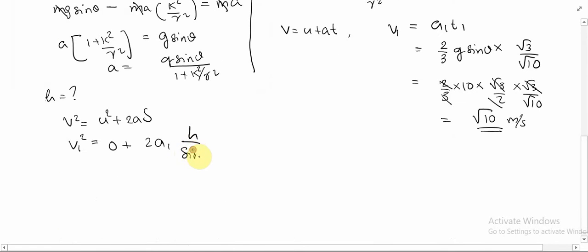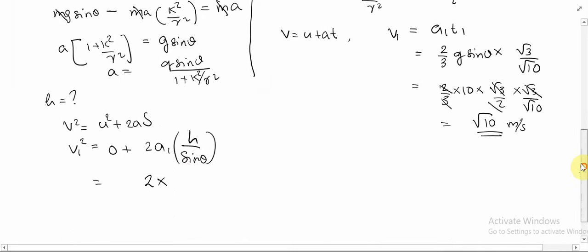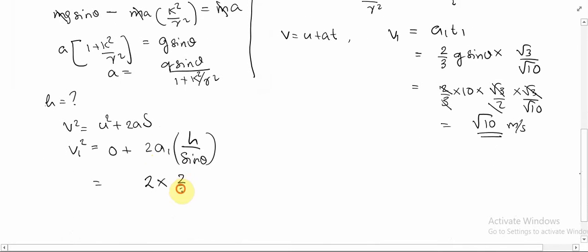So this will be 2 into a1, and we have found out a1 is 2 by 3 g sin theta, into h divided by sin theta. So you can cancel the sin theta. So this will be 4 by 3 into 10 into h.